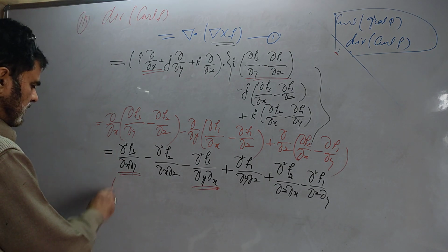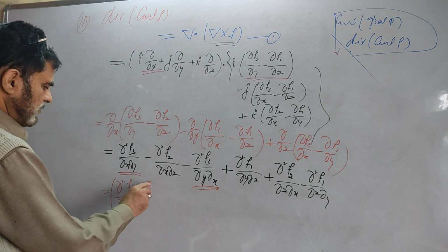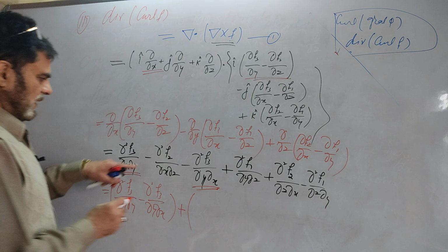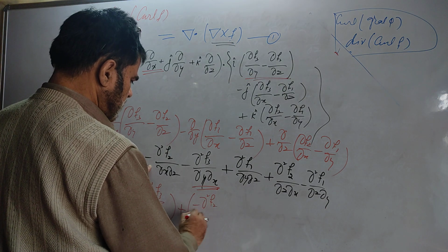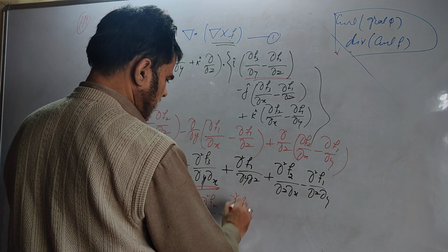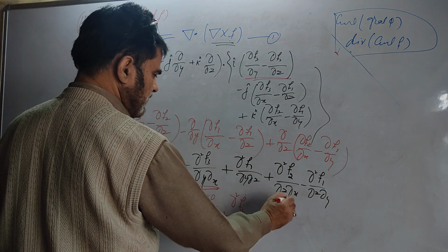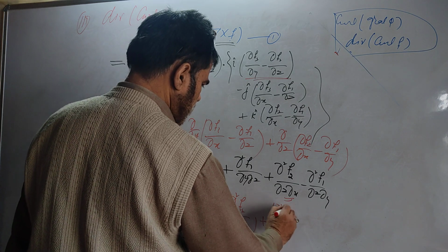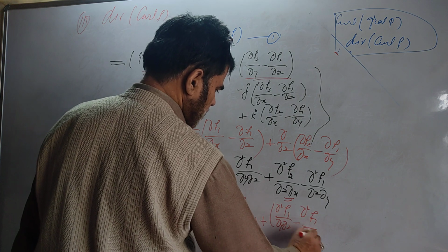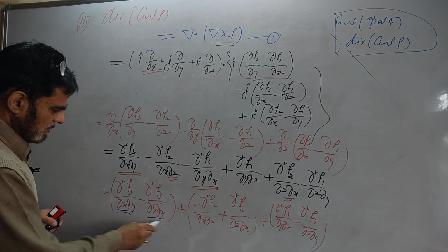It is dou 2 f3 by dou x dou y minus dou 2 f3 by dou y dou x, then this group, minus dou 2 f2 by dou x dou z with this plus dou 2 f2 by dou z dou x, connecting this with this, then finally plus dou 2 f1 by dou y dou z minus dou 2 f1 by dou z dou y. You see, this quantity is equal to this.